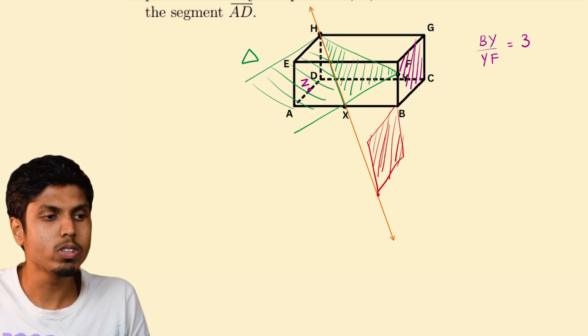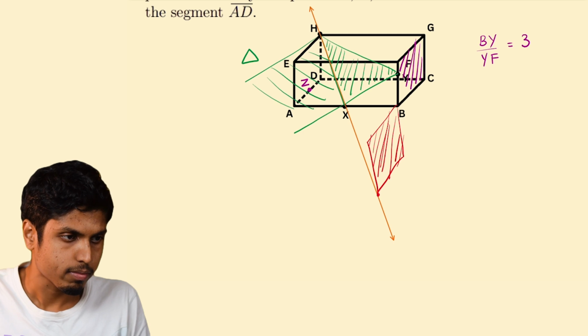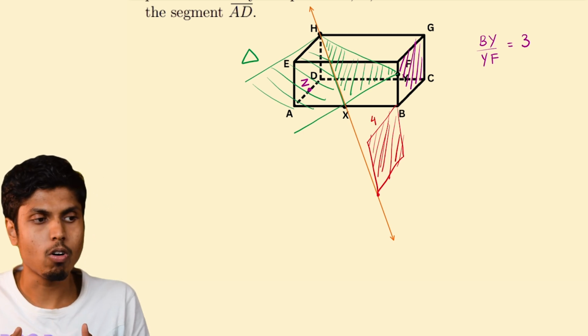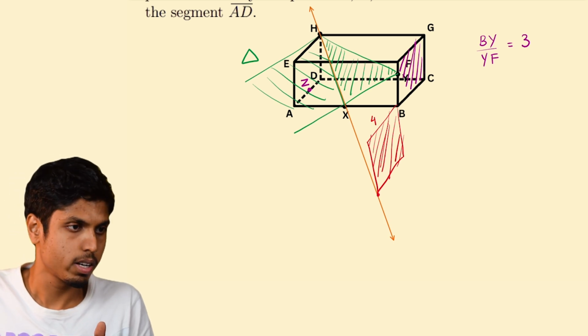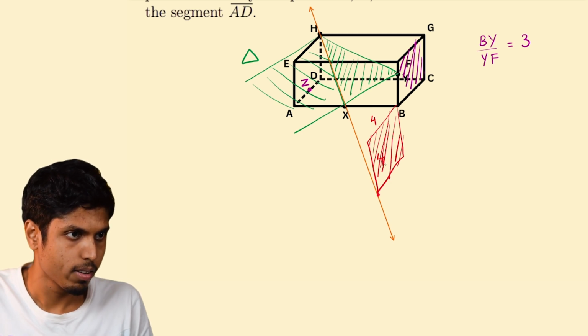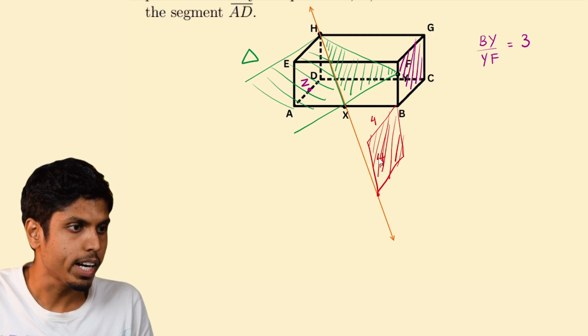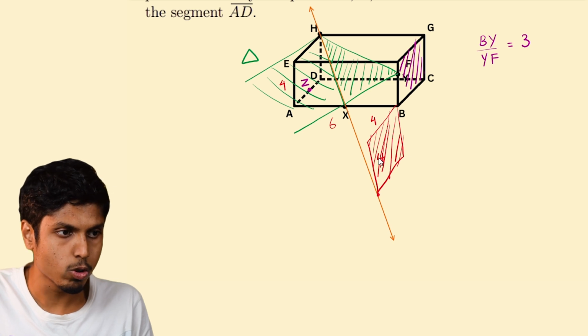But it coincides with the plane BCGF, and the dimensions of this rectangle will also be 4 and 4, because we know that the height of this cuboid is 4, the length of this cuboid is 6, and the breadth of this cuboid is also 4.